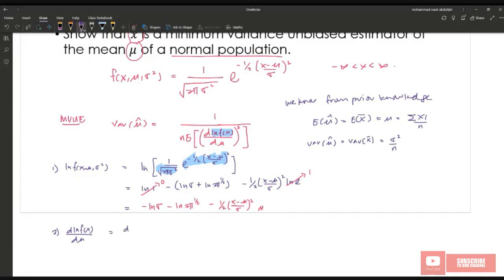So this is d with respect to mu of negative ln sigma minus 1 over 2 ln 2 pi minus 1 over 2, with brackets, d mu of (x minus mu divided by sigma) squared.